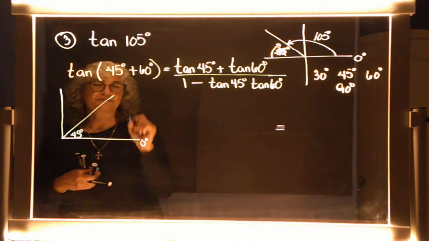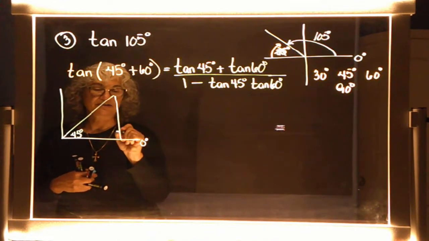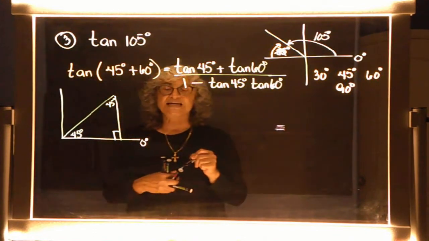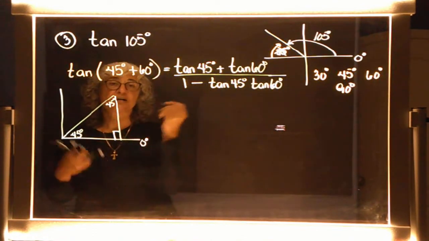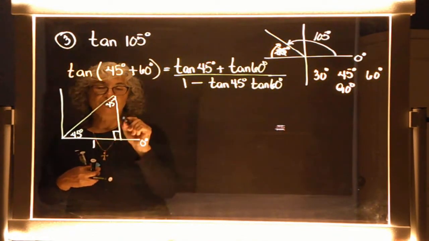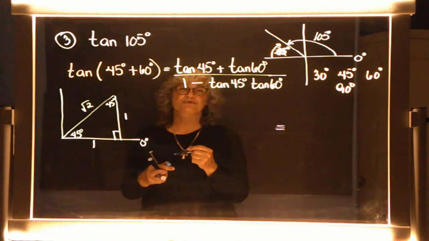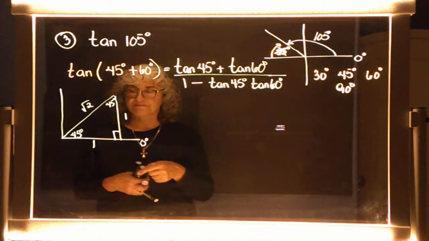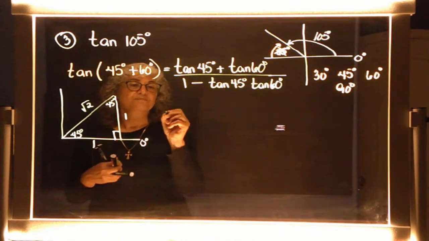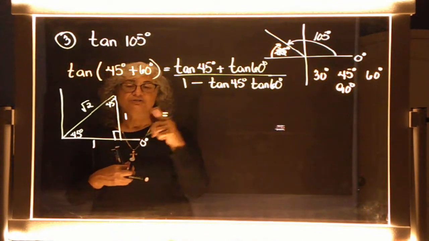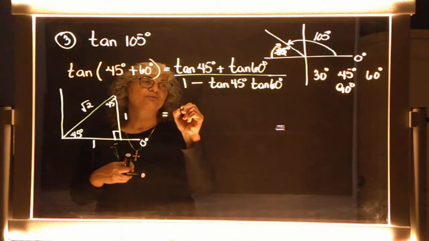Here's 0 degrees. I draw my triangle. This is 45 degrees up here also. Since it's in first quadrant, x and y are both positive, so I have to label this correctly. There. That's pretty good, isn't it? Okay. Now, tangent is y over x. So 1 over 1 is, good, 1.